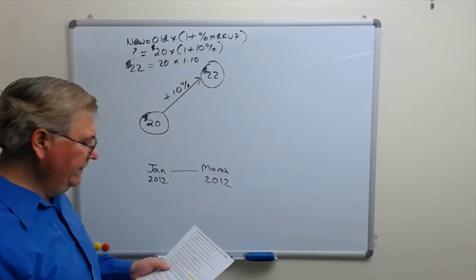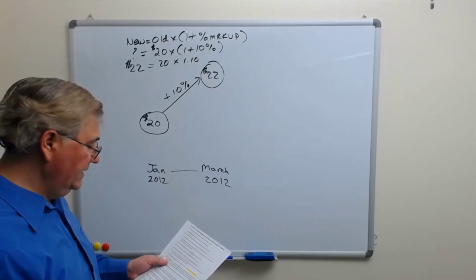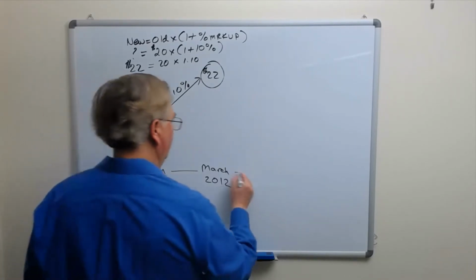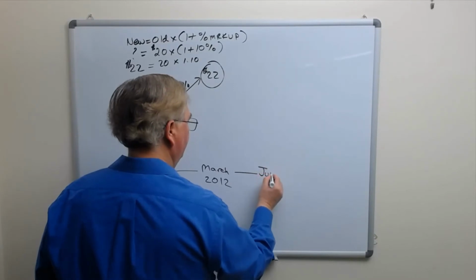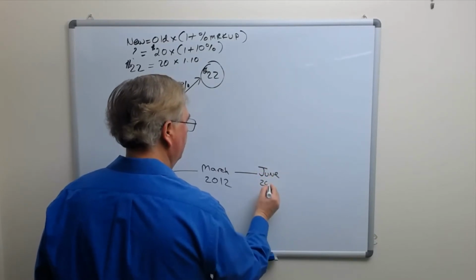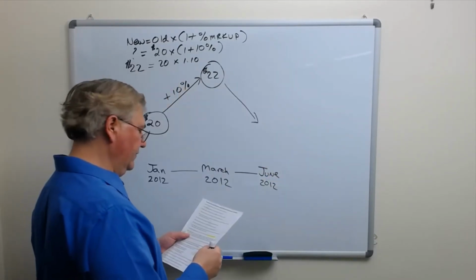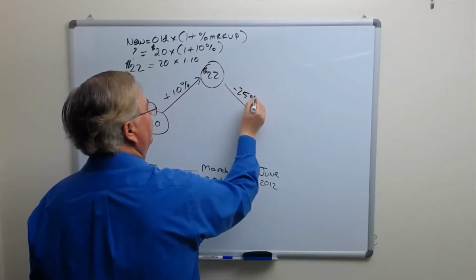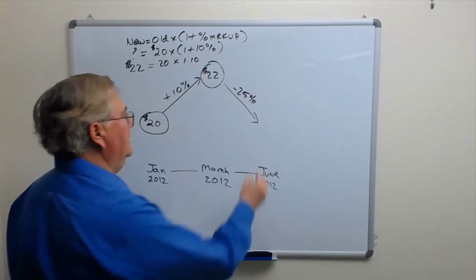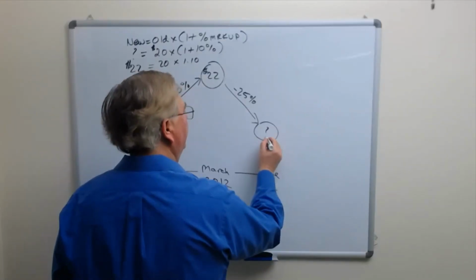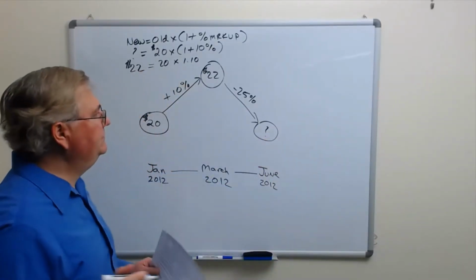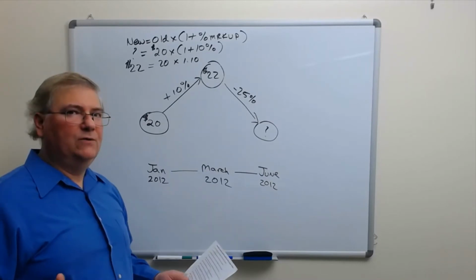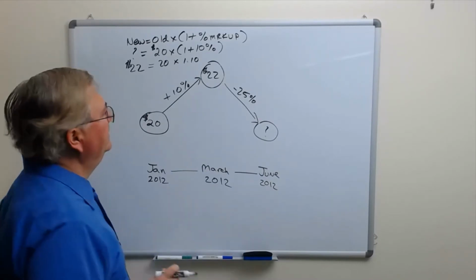Then the stock falls 25% until the end of June. So we're moving out to June here, and the stock falls 25%. And the question is, what is the stock price at the end of June? And so the question is then, which formula should we apply?